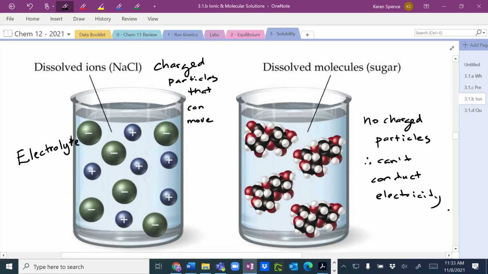So think about it this way. If you ever drink something like a sports drink, right, that contains an electrolyte, does it taste just a tiny bit salty? Yes, and that's because you have dissolved ionic compounds in there, usually some sodium chloride, maybe some potassium salts in there, okay? Electrolyte, just like in Gatorade.